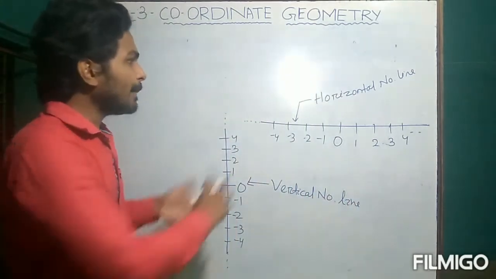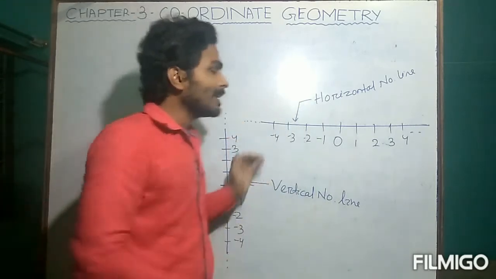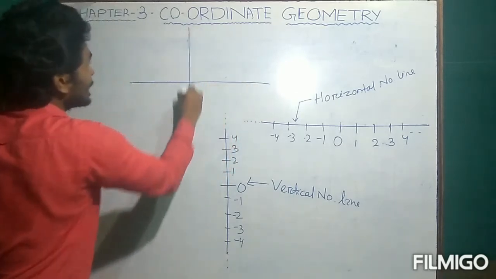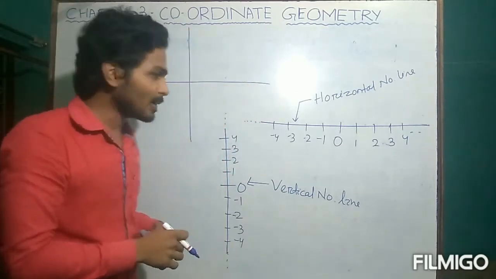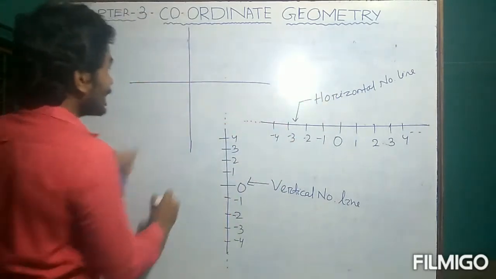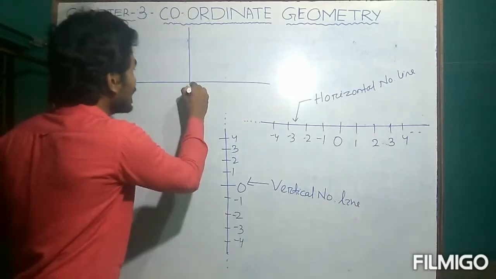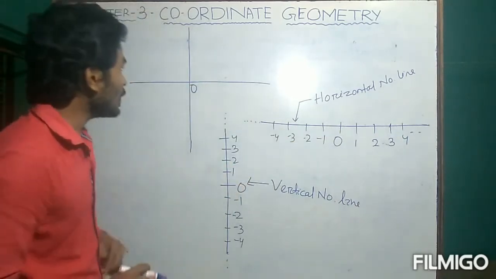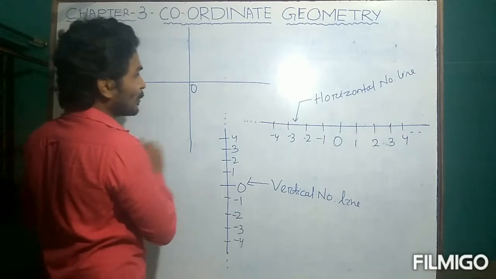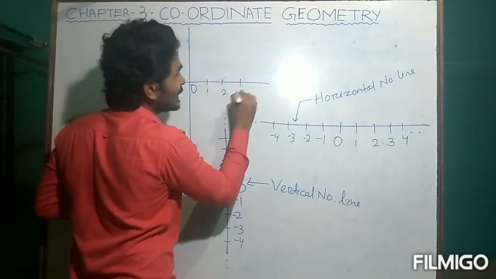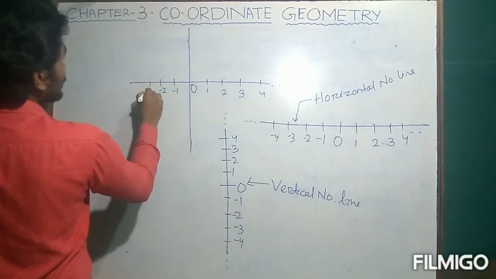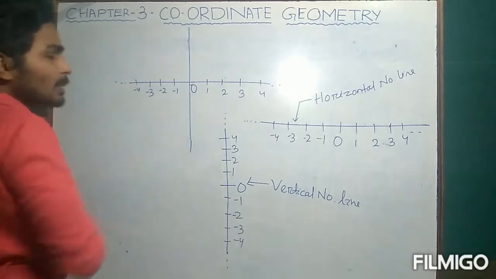Whenever we join these two number lines, it looks like a plus symbol, isn't it? And this crossing position is 0. Suppose you are talking about this horizontal number line, then if this is 0, then this is 1, 2, 3, 4 and so on, and towards its left -1, -2, -3, -4 and so on.